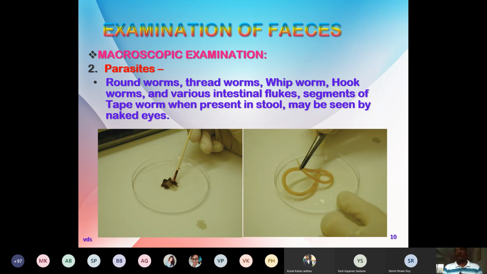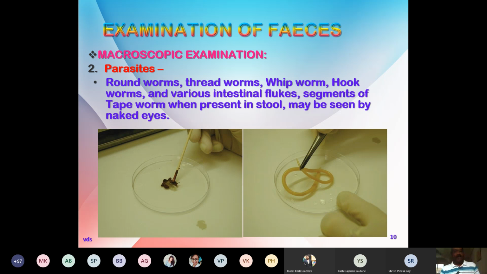So macroscopically, we can see the segment, and microscopically, we can identify the particular genus and species of tapeworm. The second figure shows the presence of an adult worm, Ascaris lumbricoides. In a similar manner, even Ancylostoma can be isolated. Threadworm, pinworm, whipworm can be isolated from the feces. We can observe them macroscopically.